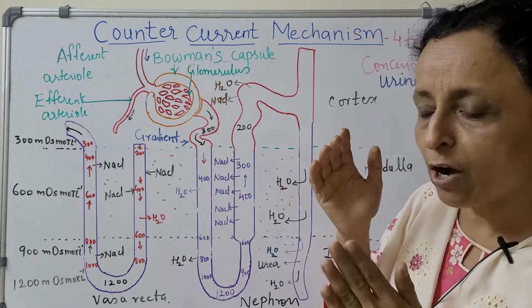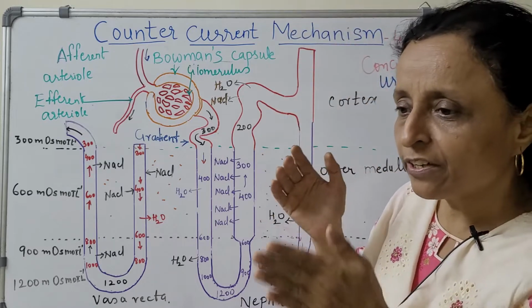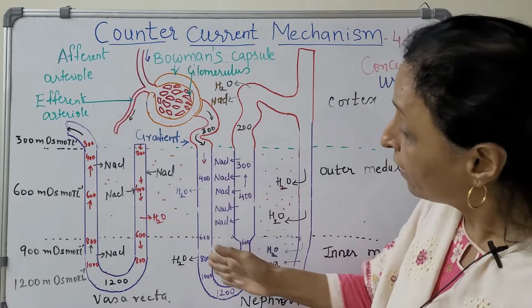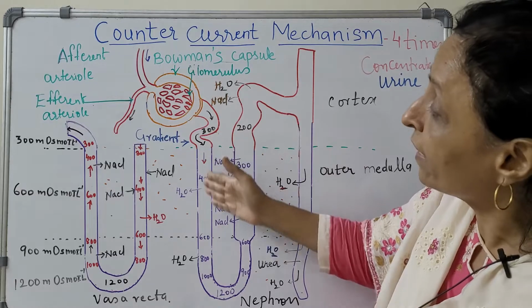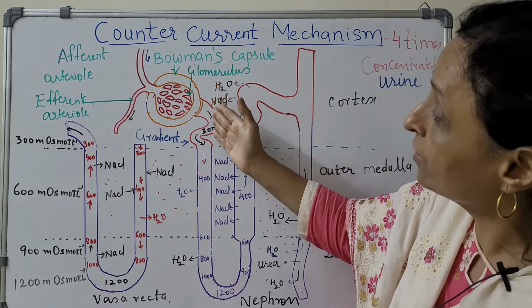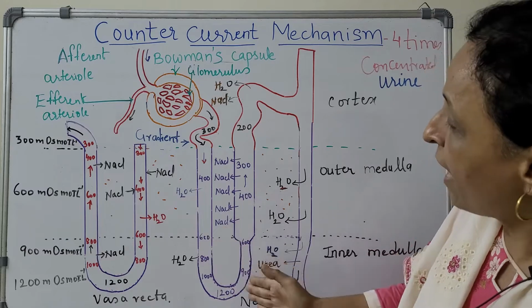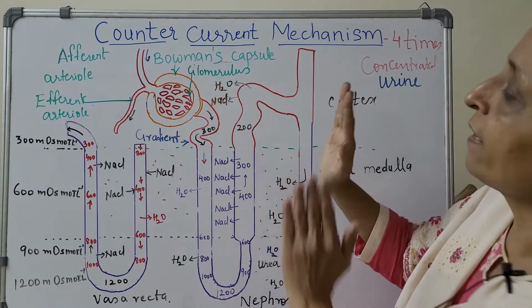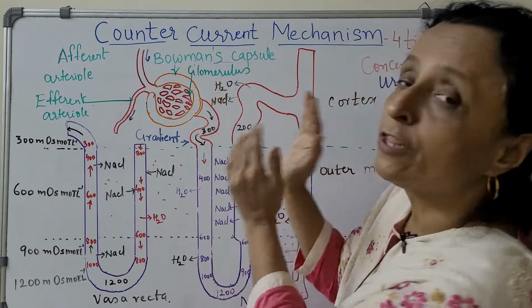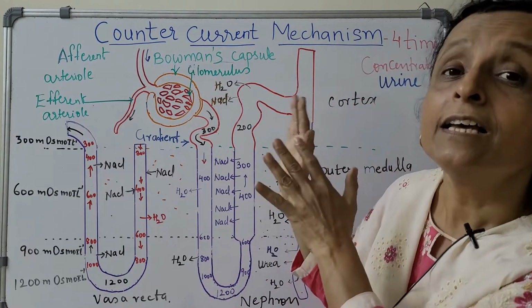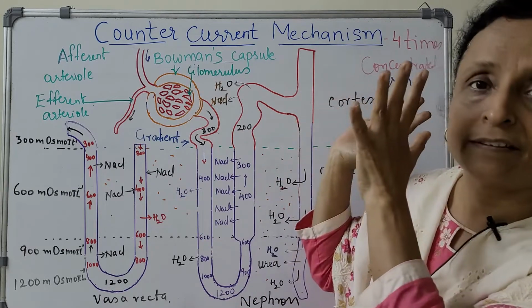So going down, the concentration gradient is going up, and then going up the limb, it becomes less and less. They are exactly opposite. Therefore, they are known as the counter current.